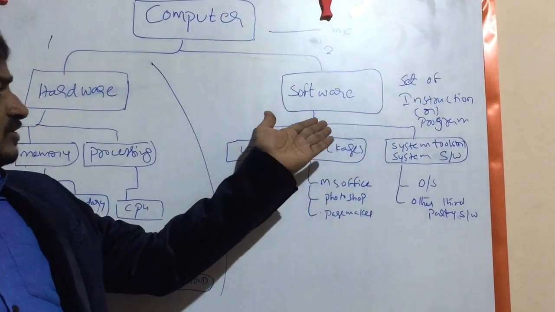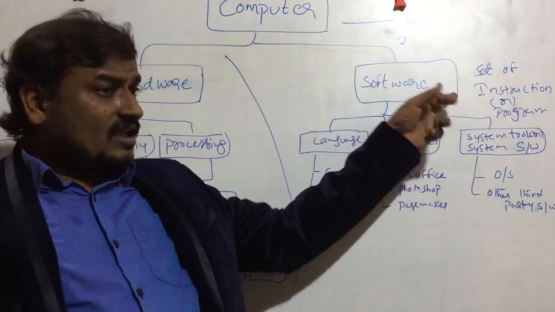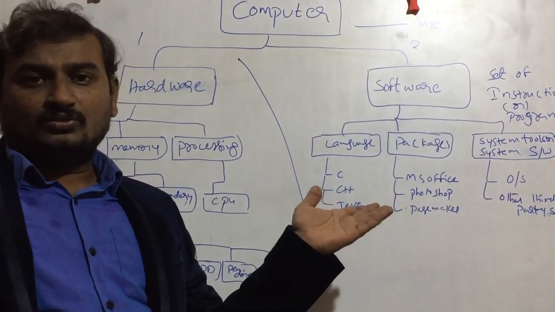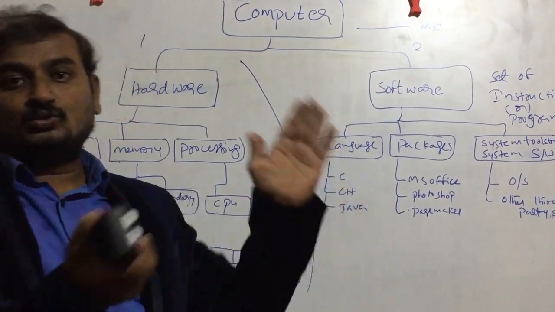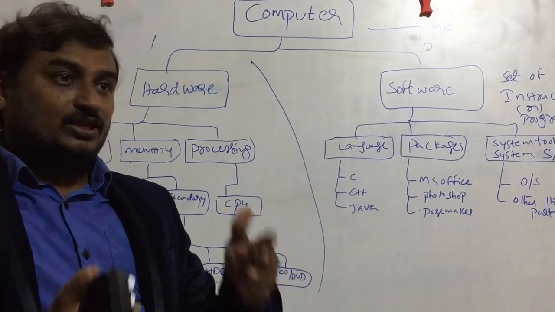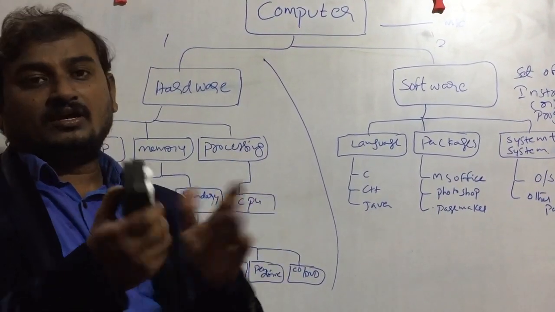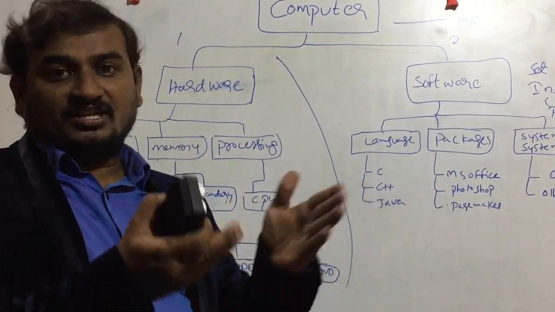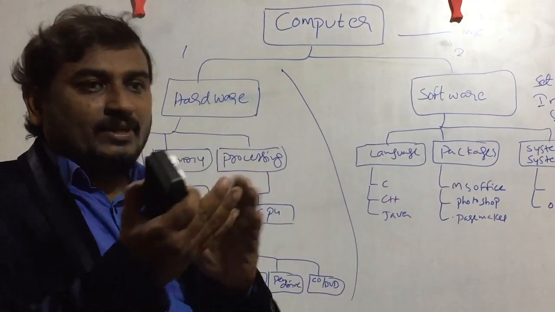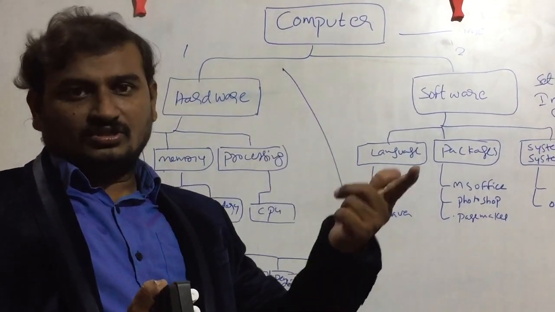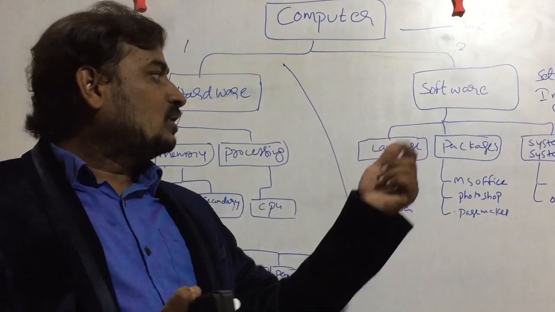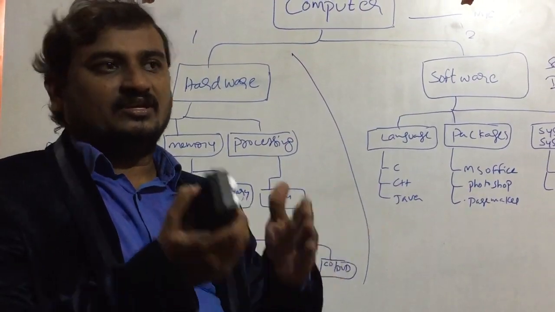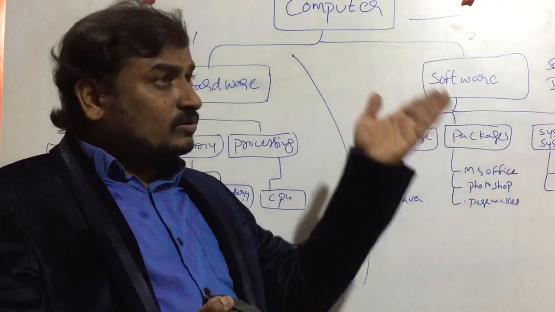First I need to book the ticket, and afterwards I need to travel from my home to the railway station, and then I need to check which coach or which bogie or which platform the train is coming to. So it is one by one instructions, and after that I need to check in, and check my berth number.